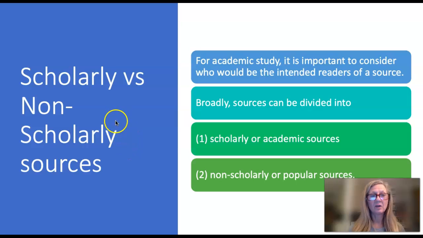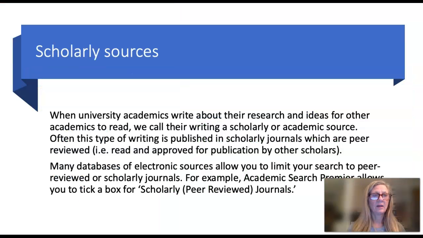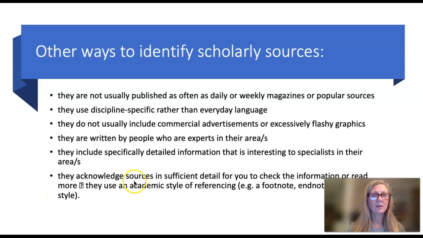So something like Time magazine versus a scholarly journal. When you're writing a paper for a college class, whether it's your English class or your sociology class or psychology, you're going to be asked to find typically peer-reviewed scholarly journal articles. And in our paper, we have 2 of those that you need to have.